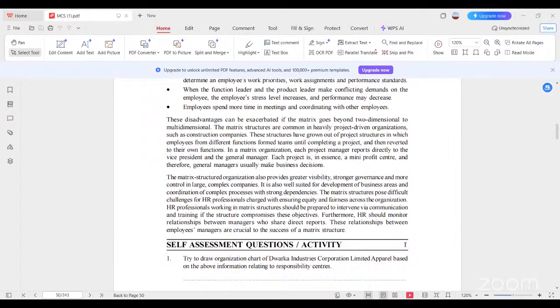So the success of a matrix structure depends ultimately on relationships rather than on hierarchy. So matrix structure provides flexibility, better resource utilization, and improved coordination. But at the same time, it requires strong communication, cooperation, and a well designed management control system to avoid confusion and conflict.